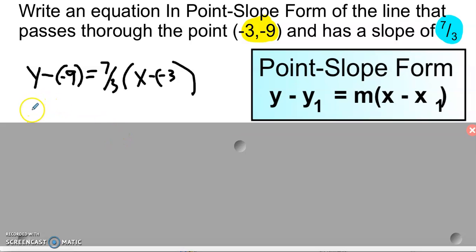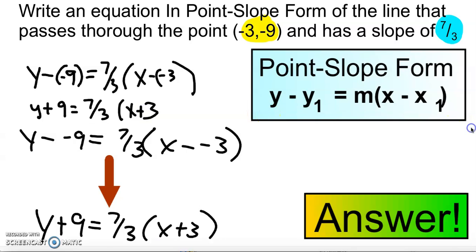So that when I simplify this, this becomes y plus 9. My slope stays 7/3. And this is going to become x plus 3. All right. Oops, I forgot my parentheses.